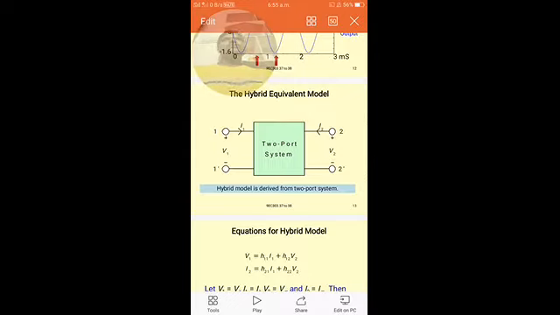Since one transistor has different units, it is not possible to represent it with Z parameters or with admittance parameters. So we use the hybrid model for representing the characteristics of the transistor.